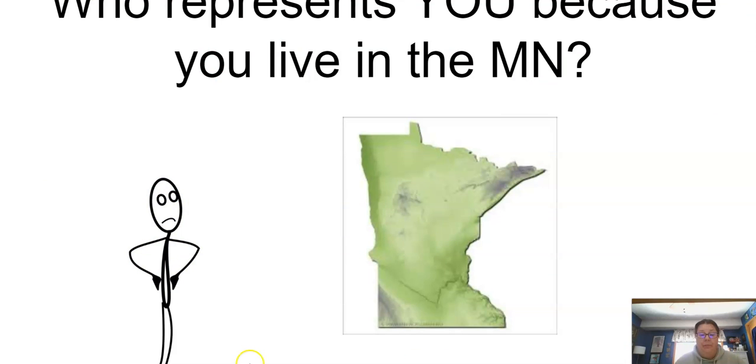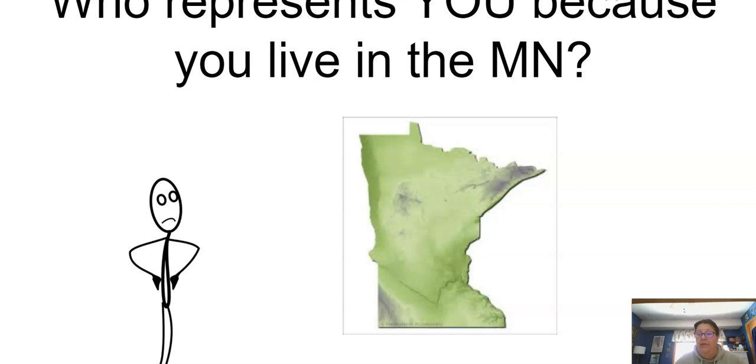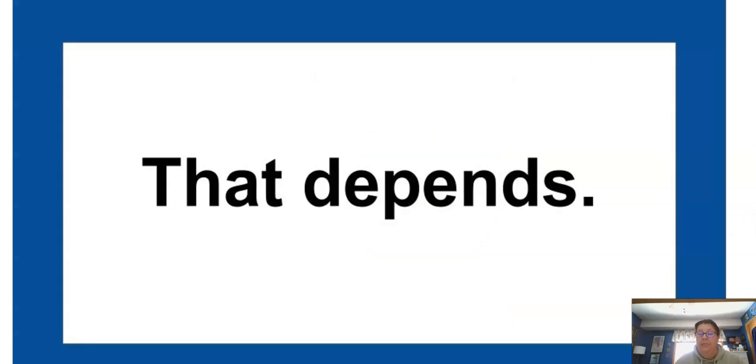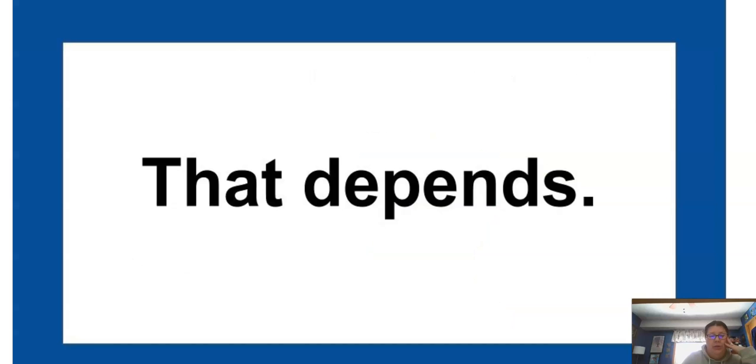Now, who represents you because you live in the state of Minnesota? This is not working with the top of my screen, so we'll just have to bear with this. So who represents you because you live in Minnesota? Well, as you've seen, that does depend.